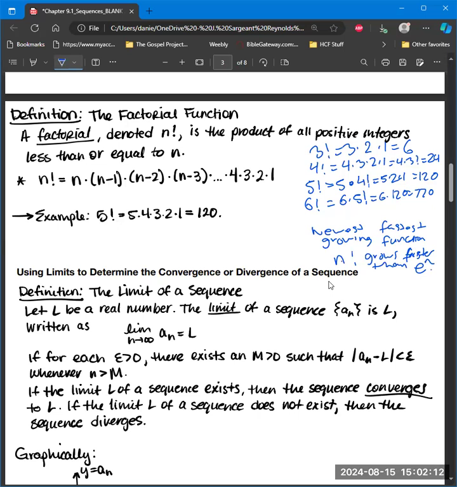And it really doesn't even matter what our base is. Any constant base raised to the n power, n factorial is going to eventually overtake it.